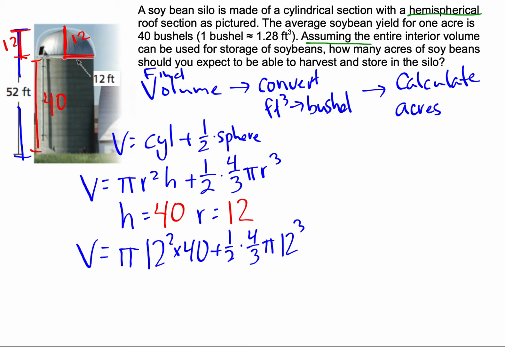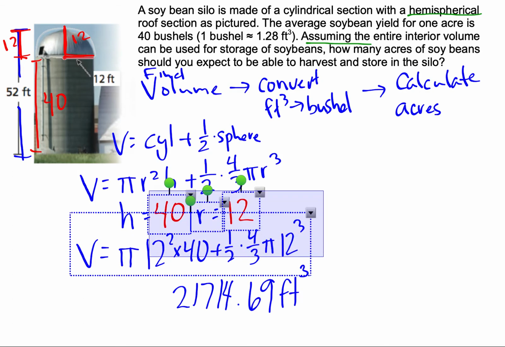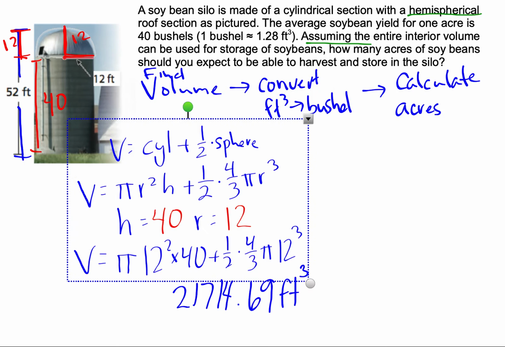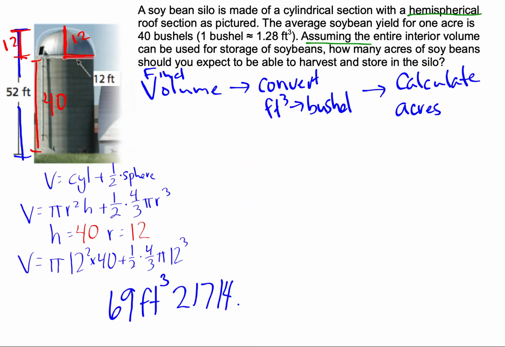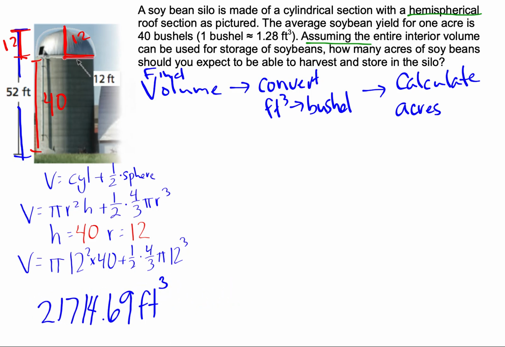And this gives me quite a large volume, 21,714.688. It doesn't say what to round things to. Since I'm not at the final part, I'm going to go ahead and round it to 2 decimal places, and that will give me a little bit more to work with later. So, at this point, we figured out the volume of the section we have. I'm just going to shrink that off to the side, leaving the answer in full size.